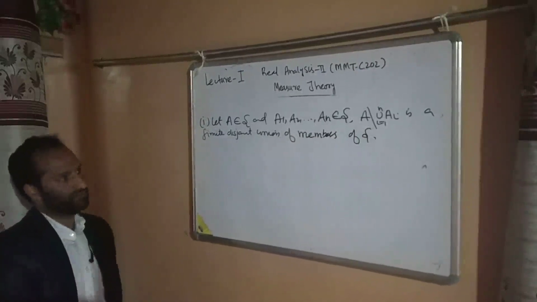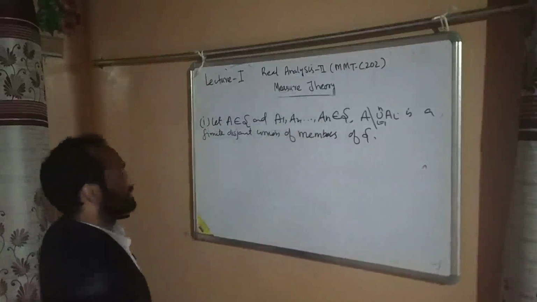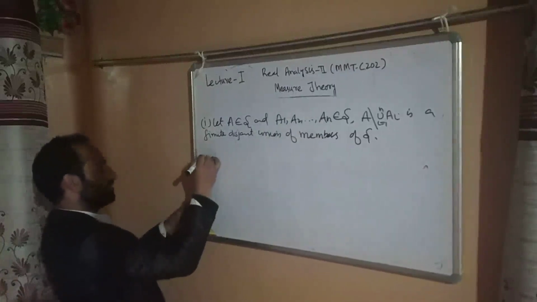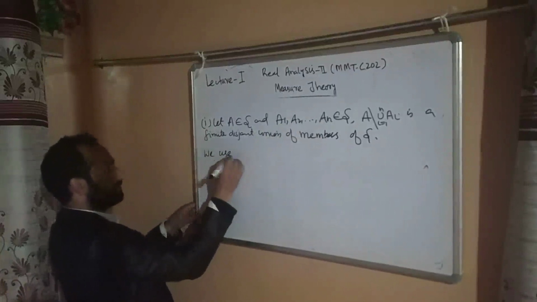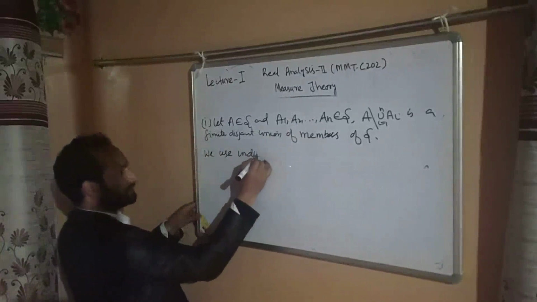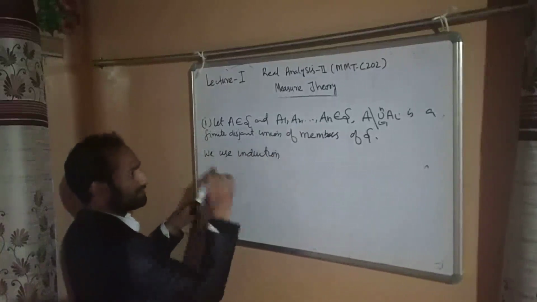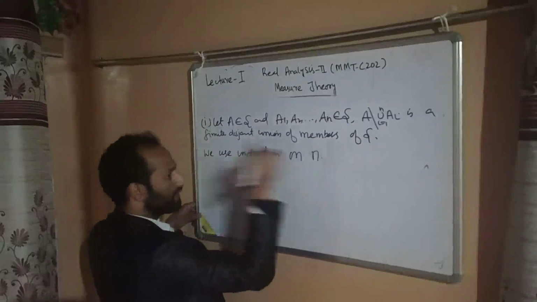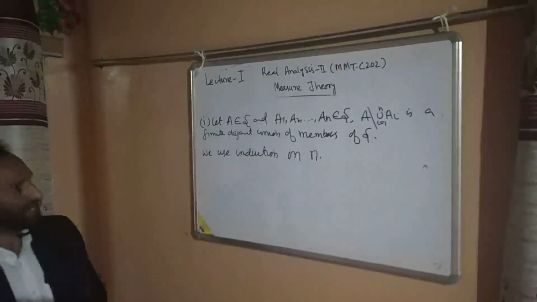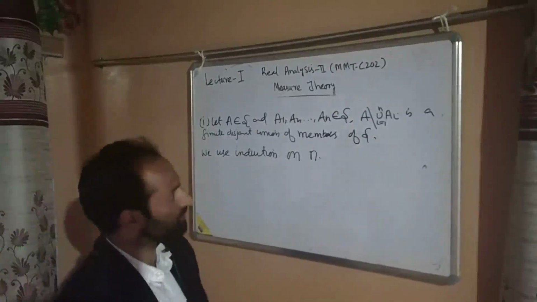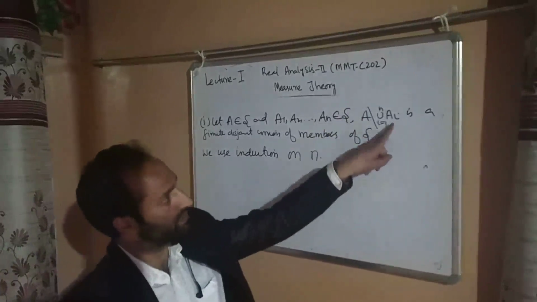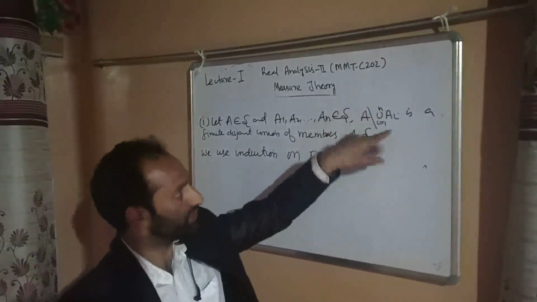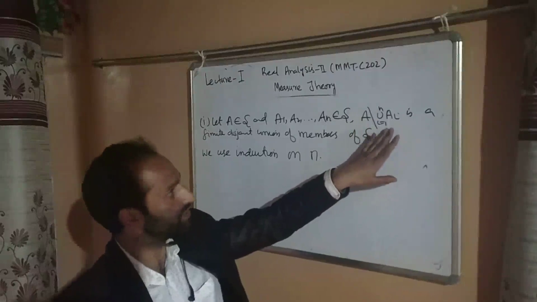To prove this result, we use induction on n, the number of sets. For n equal to 1, we have to show that A minus A1, because here i runs from 1 to 1, so the union is just A1.